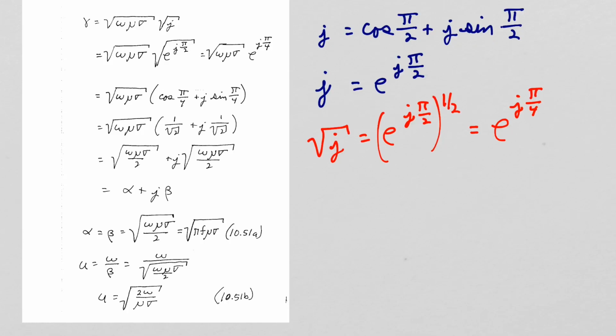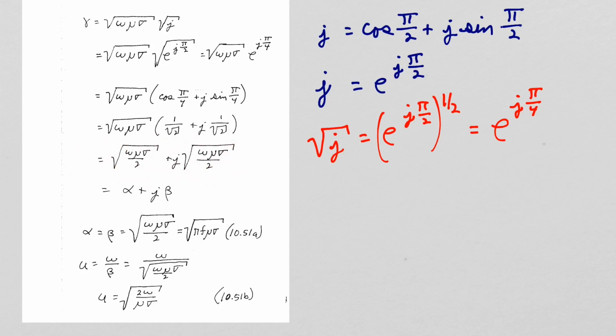So the square root of j is equivalent to e to the j pi over 4. So for the square root of j, we can make that substitution. We will rewrite e to the j pi over 4 using Euler's identity. Cosine and sine of pi over 4 are 1 over the square root of 2. So we get this form for our propagation constant.